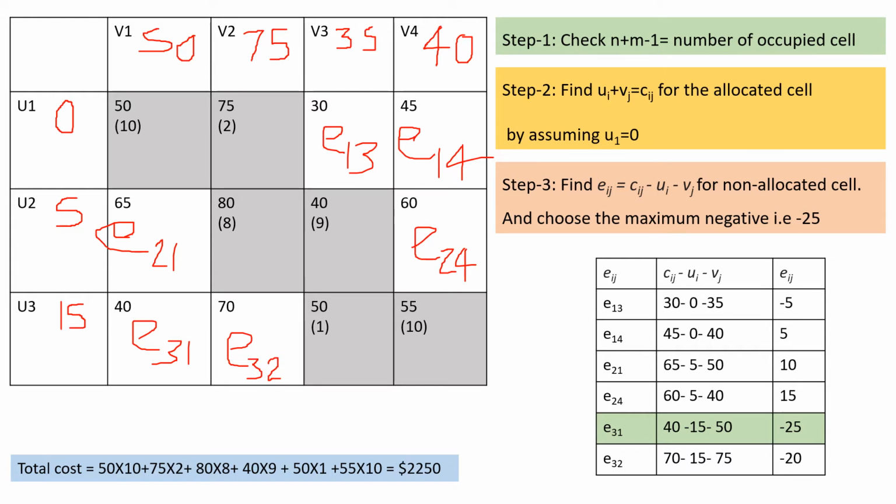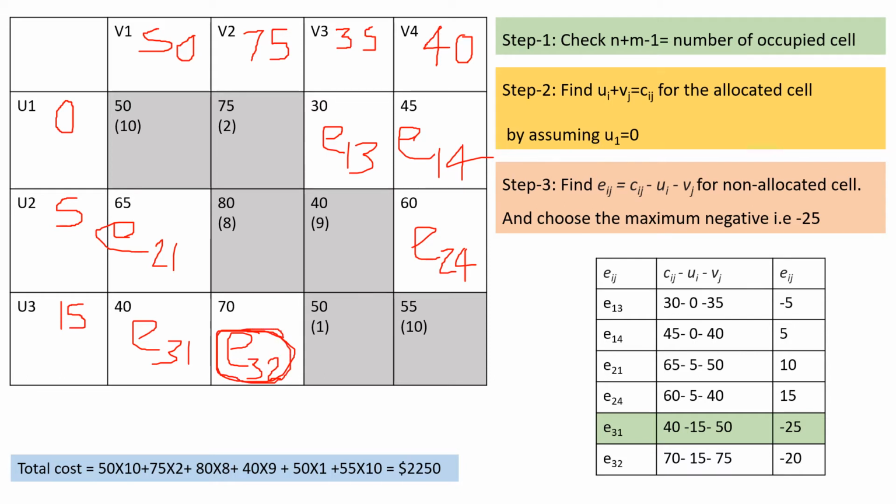So here we have to point out E31. This one is our initial cell that can minimize the transportation cost.